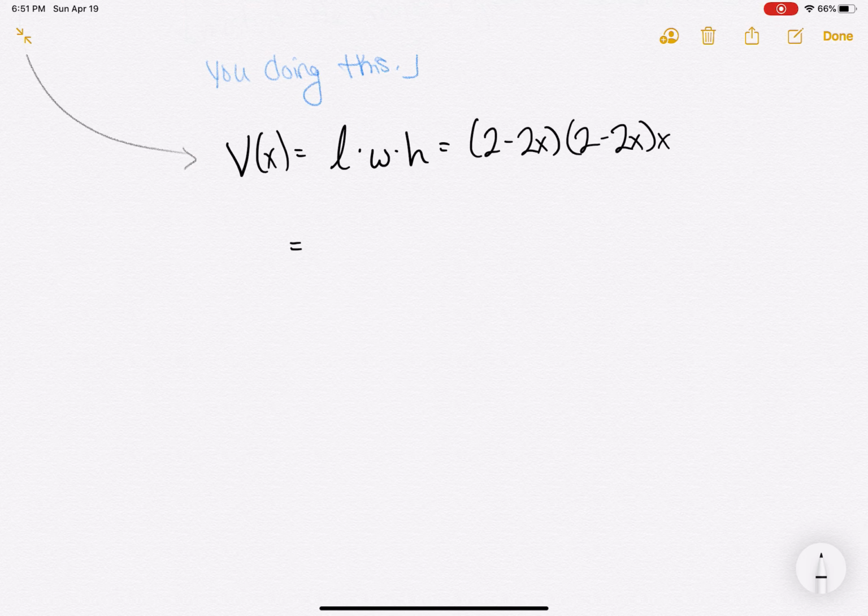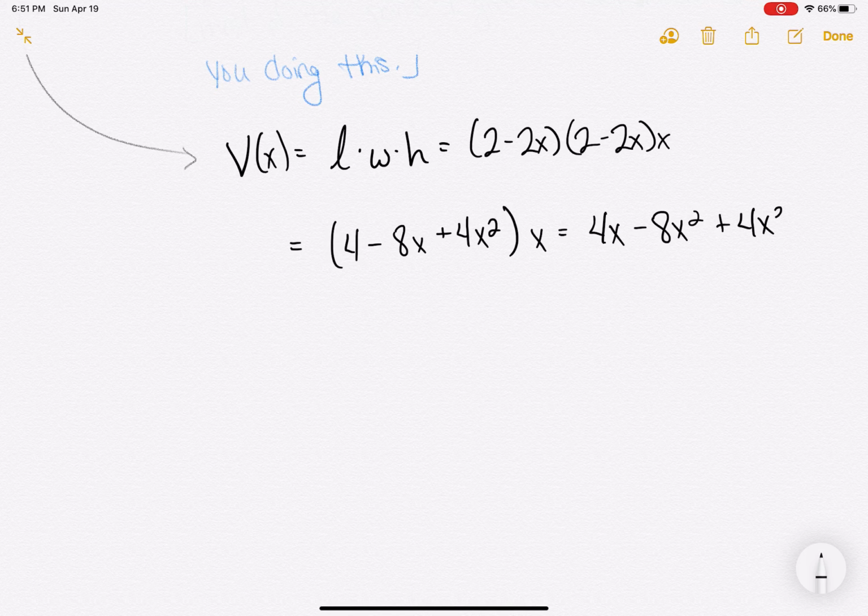Rather than taking a triple product rule, I would rather just get this all hammered out. This is 4 minus 8x plus 4x squared, times x. So this is going to be 4x minus 8x squared plus 4x cubed.